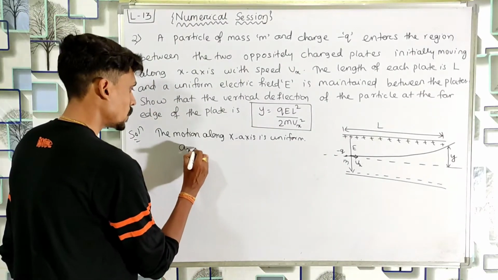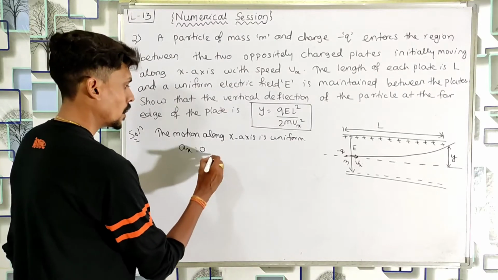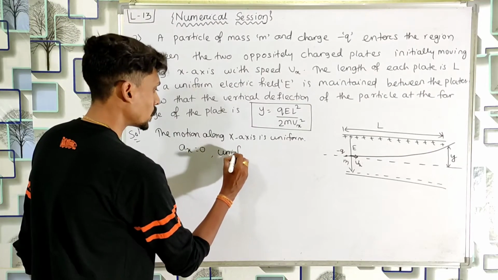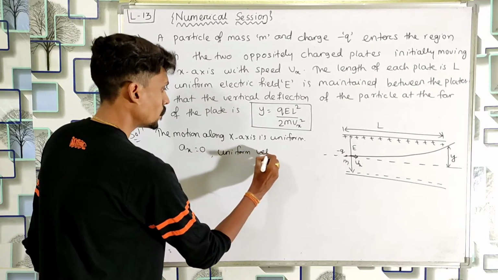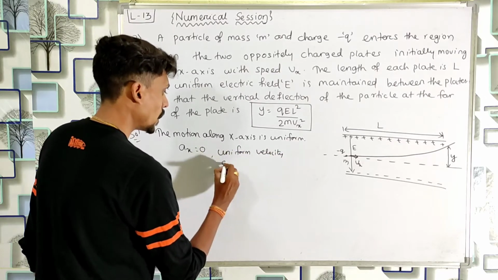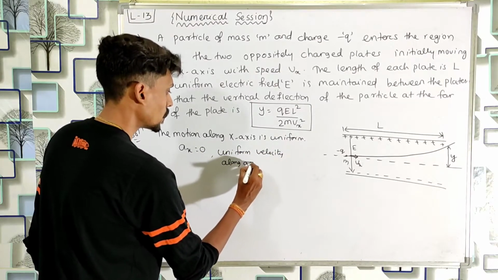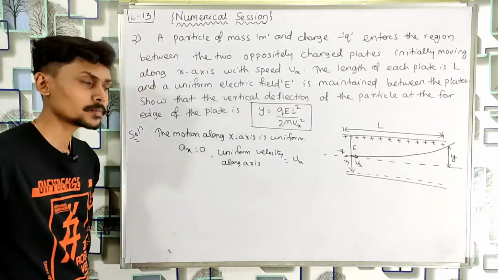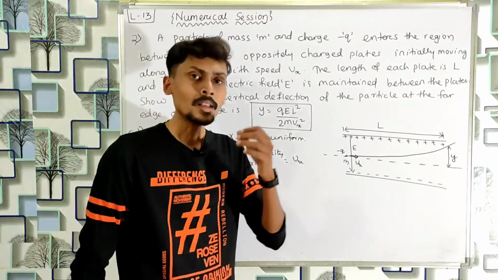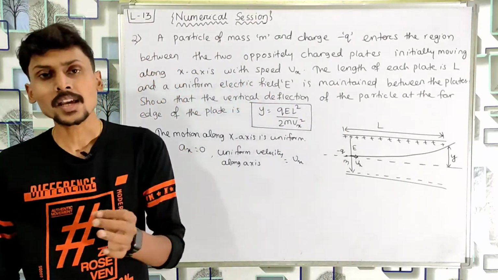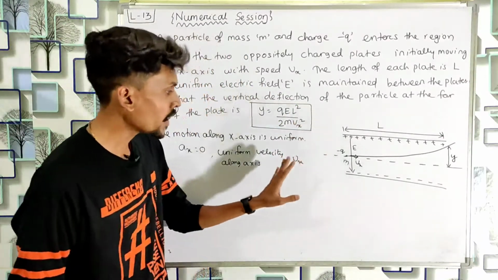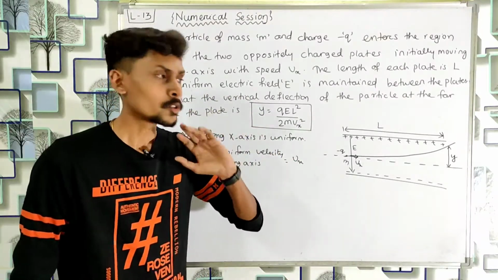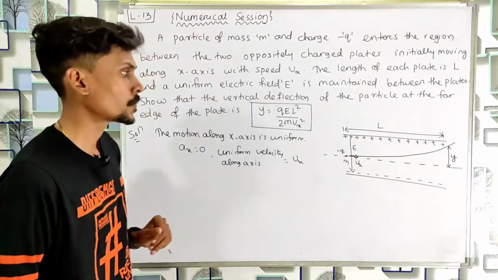So Ax is equal to 0. So the uniform velocity along x-axis is equal to Vx. Is that clear? Because the charged particle was initially moving along x-axis with a speed Vx, and that speed will remain the same throughout the motion, that will not change.